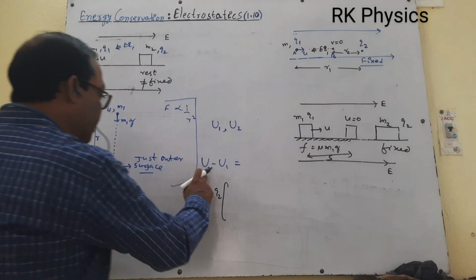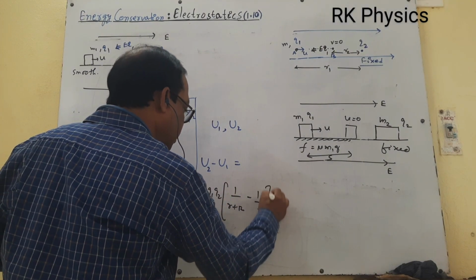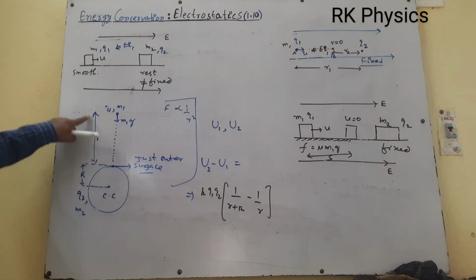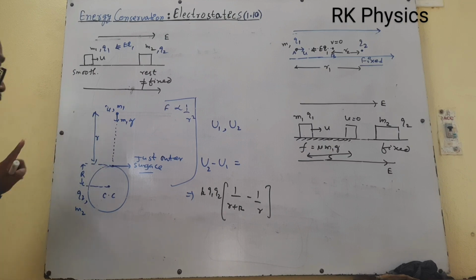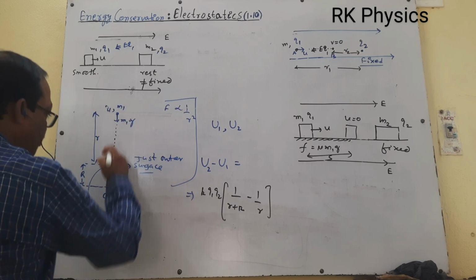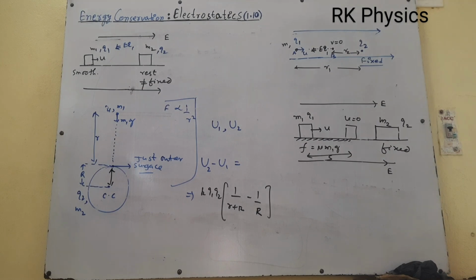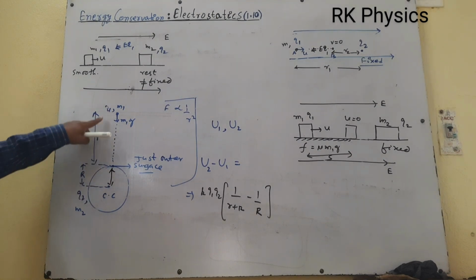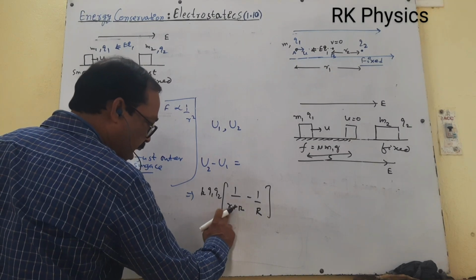That is 1 by R minus 1 by R plus R. Sorry, final distance is this. Body comes this much distance, so finally it is at the smaller distance. Initially it is at a distance R plus R.